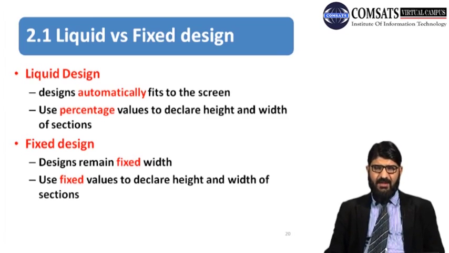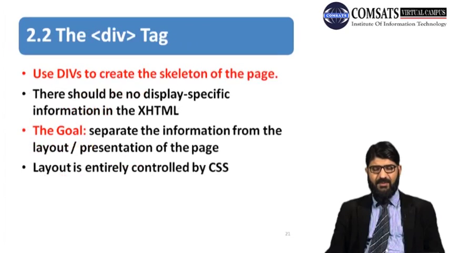For fixed design, the design width remains fixed, and we use fixed values to declare the height and width of the section. So when we use percentages to declare height and width, we are using liquid design, and when we use values to declare height and width, we are using fixed design. This is the first way of translating design into code.